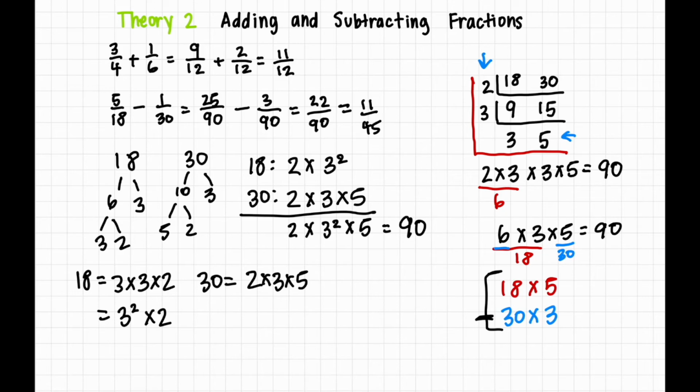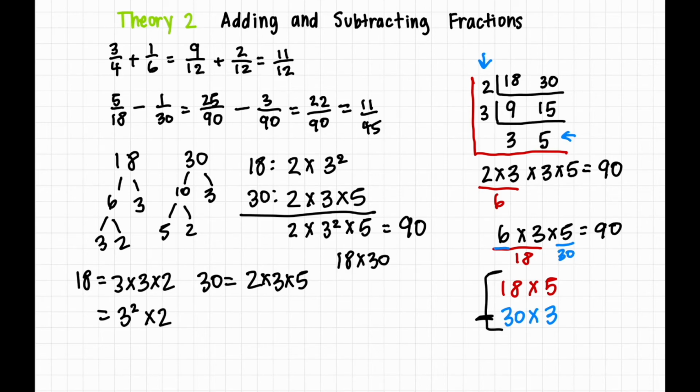So how does this one work? It's the same as the division method. It uses the minimum amount of numbers needed to get the common multiple. So we're actually just doing 18 times 30, like you said, but taking out the unnecessary numbers.